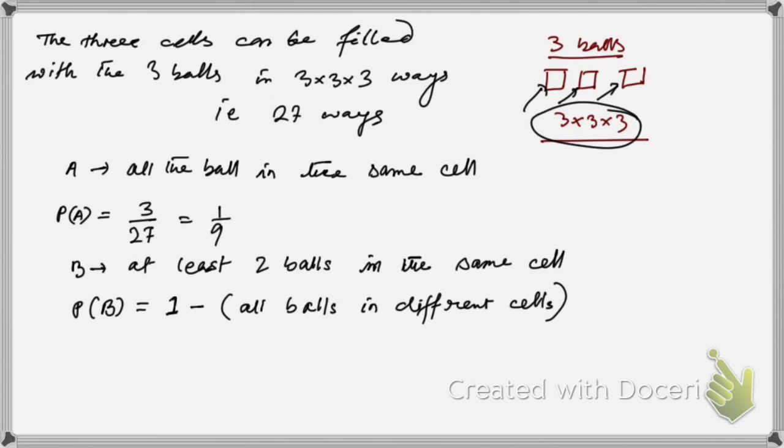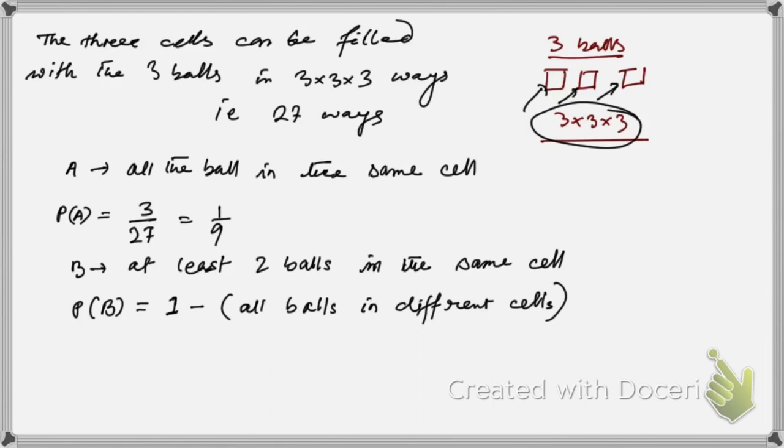Then we will get the probability of at least 2 balls in the same cell. The probability of the 3 balls in the same cell is also included here, because when 3 balls are in the same cell, it fulfills the condition that at least 2 balls are in the same cell, right?